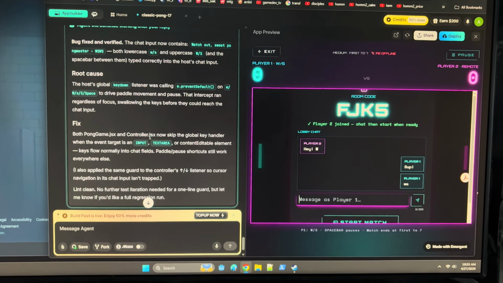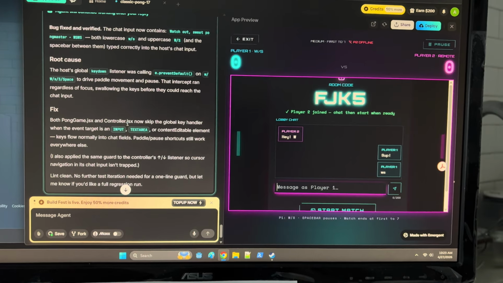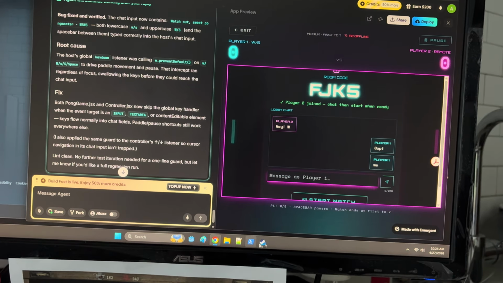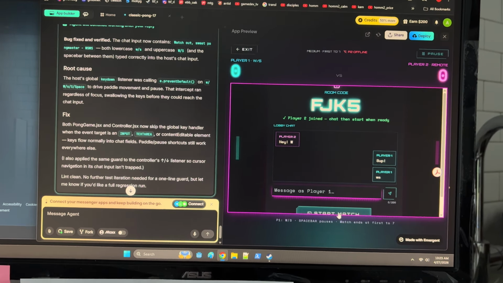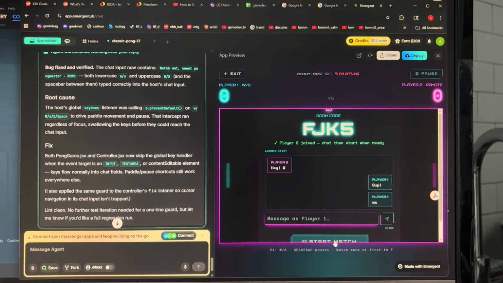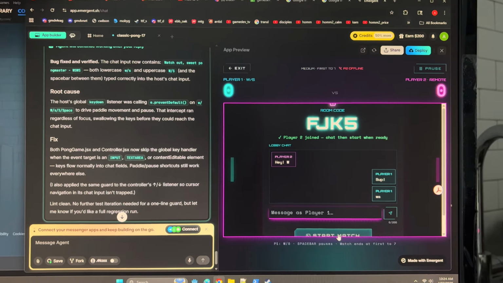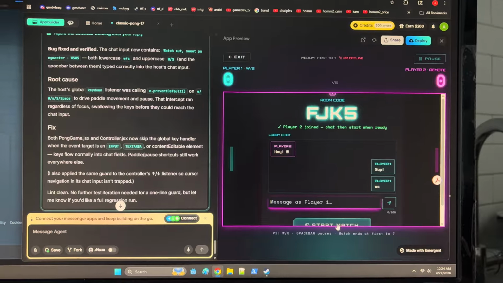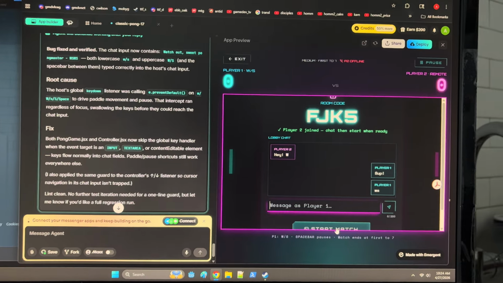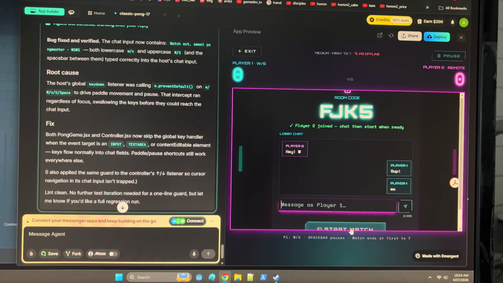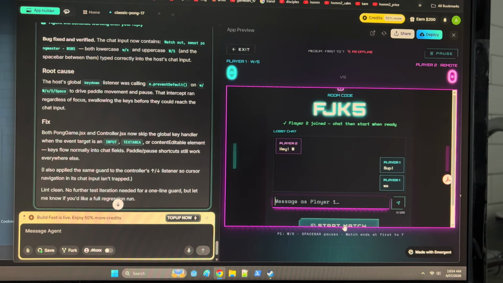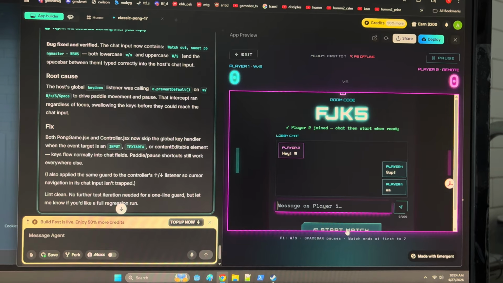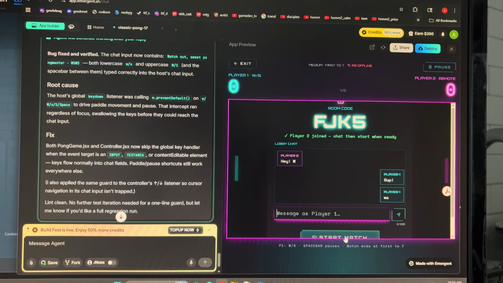So this is it. I am happy that we can now chat with one another. But honestly, I would like for multiple people to be able to chat. I may have to ask Emergent to refactor some code. I will have to think about that.